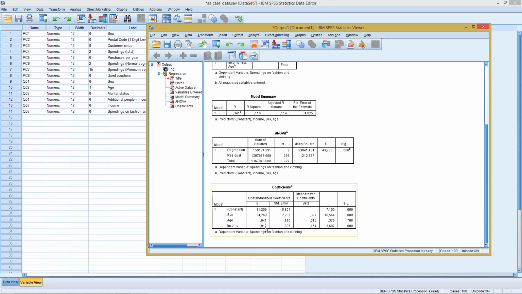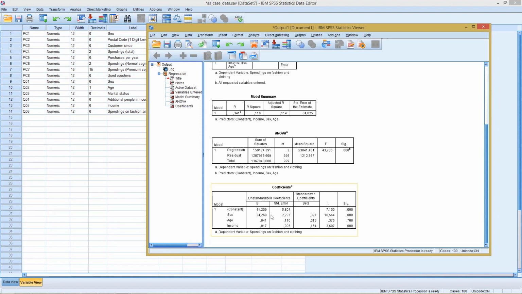Okay, this is easily done and easily understood, but what about sex? This was 1 for women, 0 for men. So we can't say the more female the person is, the higher, or for each unit more female, it's 24.26 euros more.